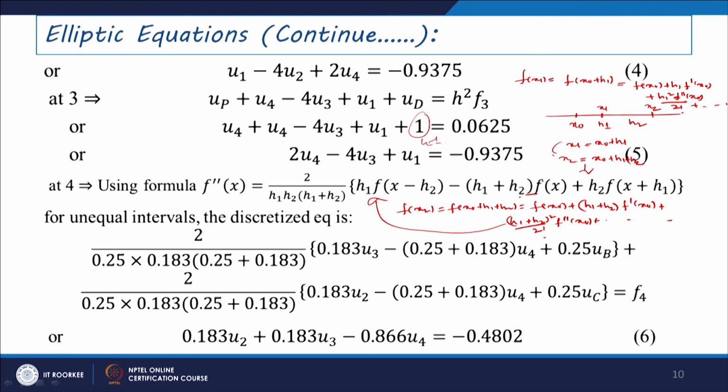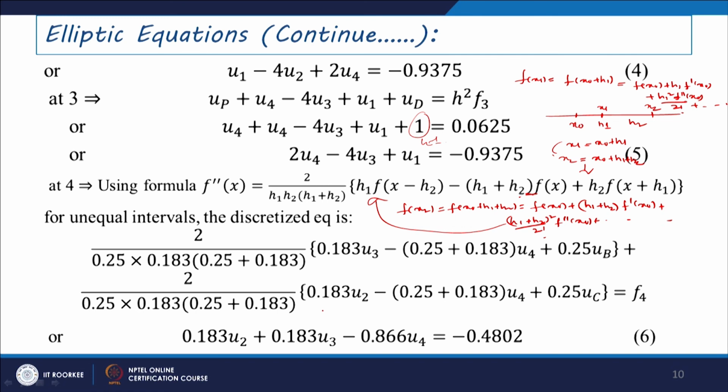So for unequal intervals, the discretized equation is like 2 by 0.25 into 0.183 into 0.25 plus 0.183, into 0.183 u3 minus 0.25 plus 0.183 u4 plus 0.25 ub. This is h2, plus 2 by 0.25 into 0.183 into 0.25 plus 0.183.